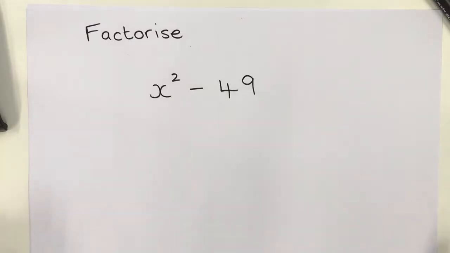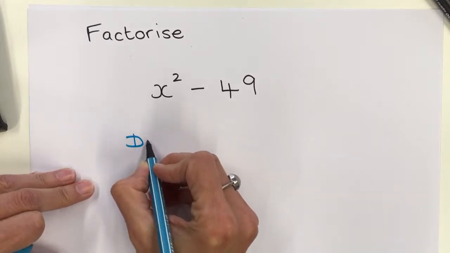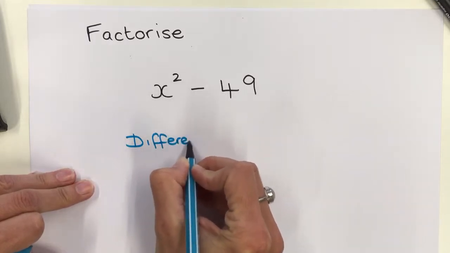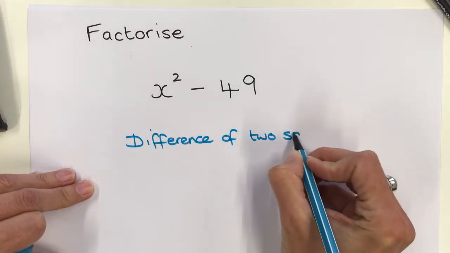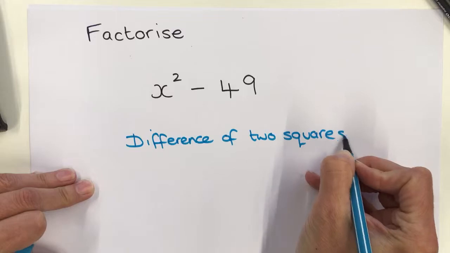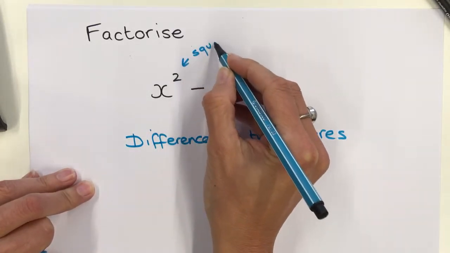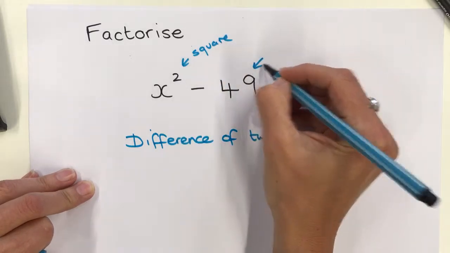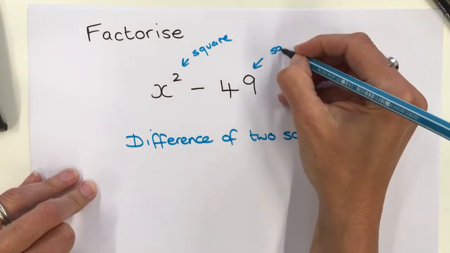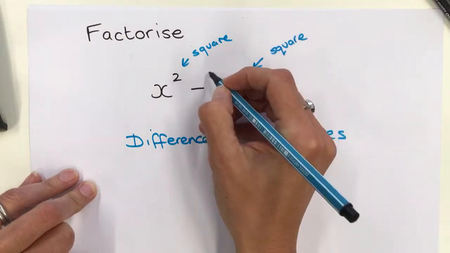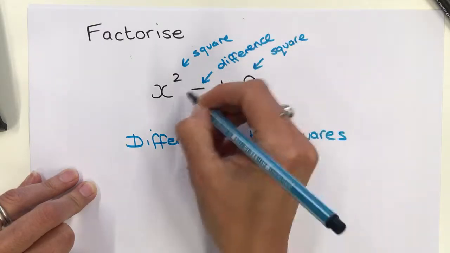And this is a specific type of quadratic. It's called the difference of two squares, because this is a square, it's x squared, and this is a square number, 7 squared is 49, and difference is another word for subtraction.